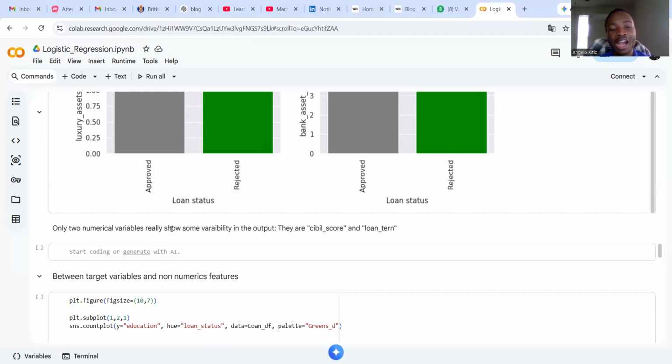And after comparing numerical variables and the target variable, I found out that the credit score and the loan term are two of the most important factors that determine if someone is going to get their loan application approved or rejected.